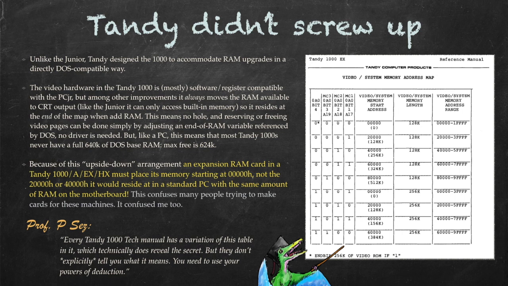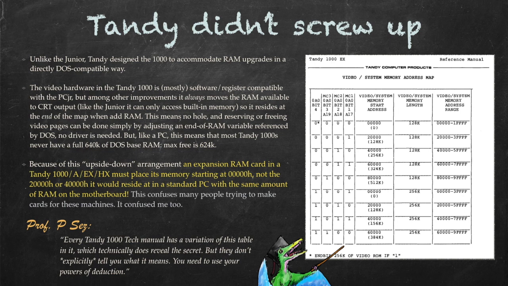And once it's determined how much external memory you have, it writes a little register on the big blue video controller that then moves the video controller memory to the end of the expansion memory. So however much memory is natively in your Tandy 1000 wired behind the video chip, that moves to the end.